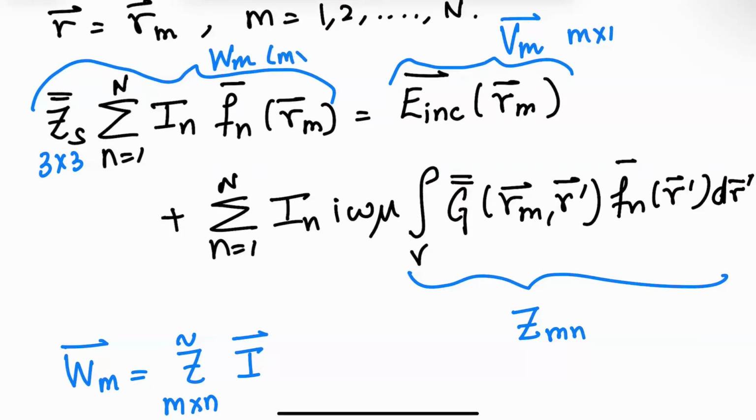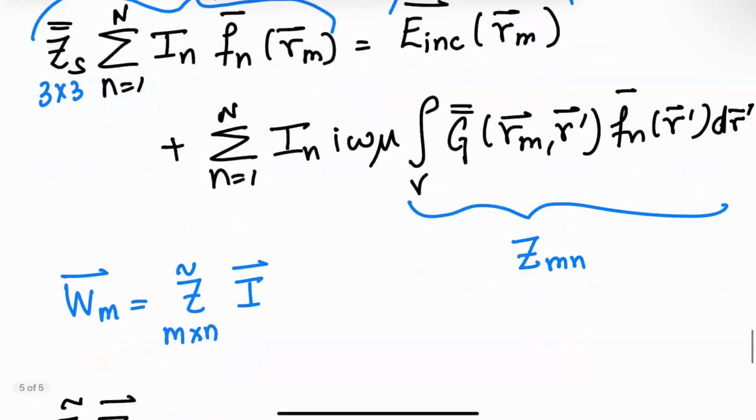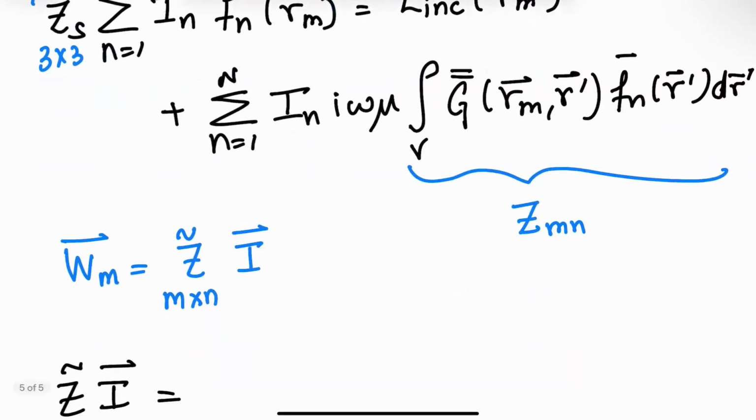This is also n by 1. Once again, I have the same summation relationship, with Zmn here being a 3 by 1 vector.